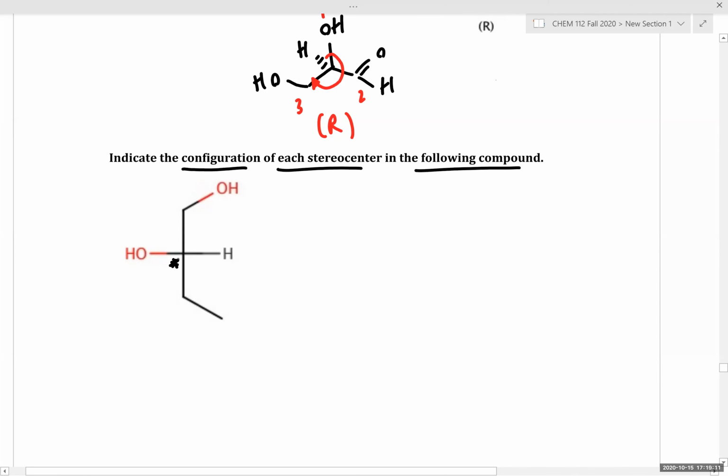You'll definitely need to make a model kit, and you're more than welcome to share your proposed redrawn structure using the annotate tool. I'd like to see from everyone a proposed stereochemical assignment as RS for the following stereocenter in this molecule. And we'll discuss this example in about 3 minutes. And if you have any questions, don't be shy to ask them verbally or in the chat.